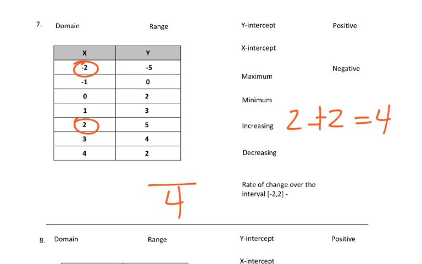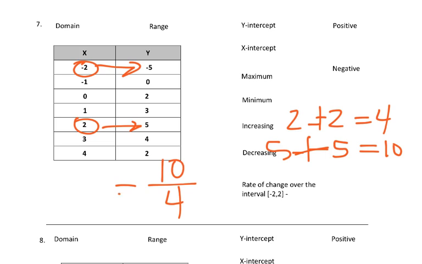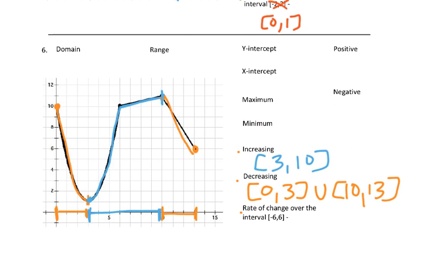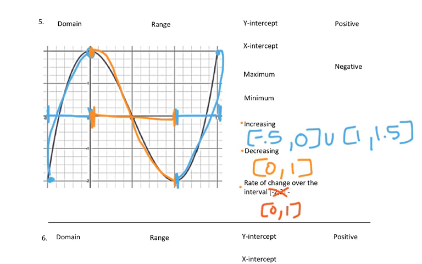For the top, negative 2 is negative 5. Positive 2 is positive 5. So add that and we get 10. So we get 10 over 4, which we could reduce by 2's to 5 over 2 or even 2.5. Okay, fine with any one of those. All right, here's the one that we had to do from 0 to 1.